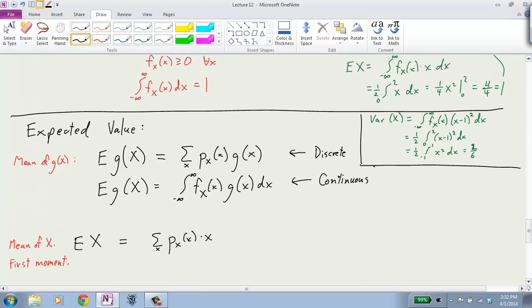Okay, so in general, for uniform, let's say on an interval from A to B, okay, then the variance equals B minus A squared, okay, the width of that interval squared, over 12.